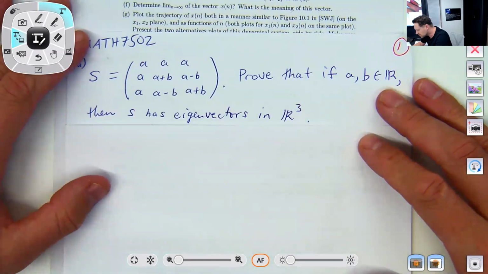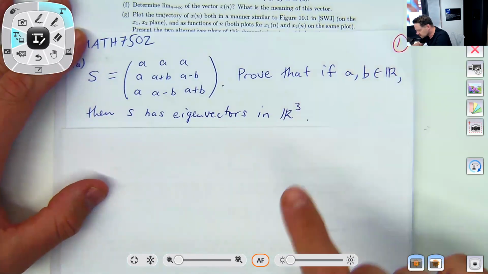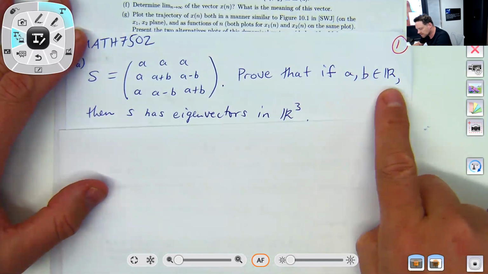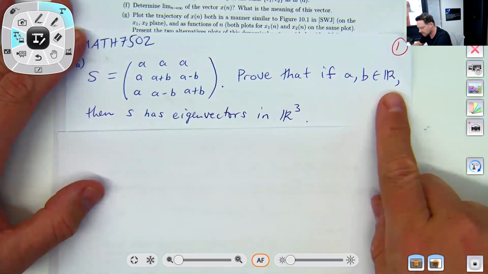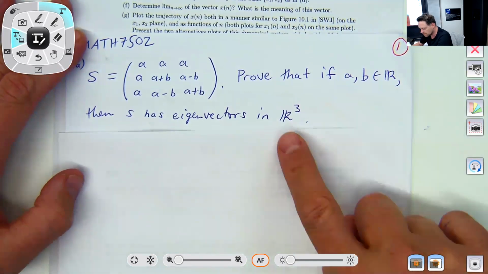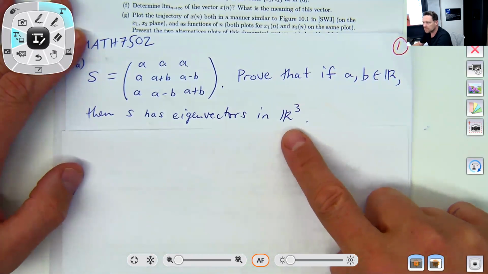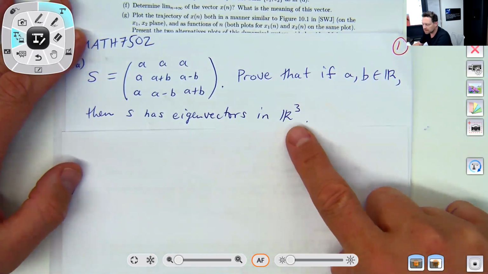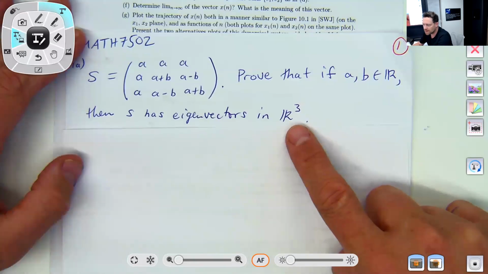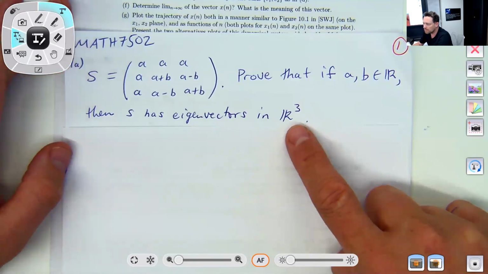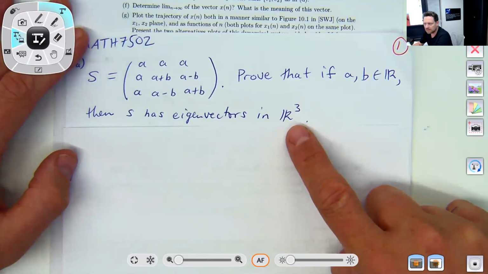All right, so we've got to prove that if A and B are real numbers, then S has eigenvectors that have real entries. Now keep in mind you can scale an eigenvector, right? So it could, for example, be i, and i, where i is the square root of -1.